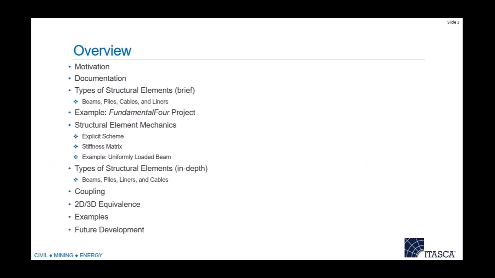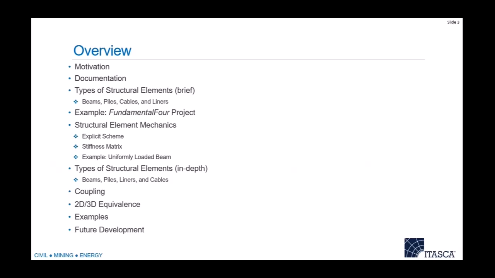Then we'll talk a little bit about the mechanics, keeping that at a minimum, very general. A little bit about the finite element scheme and the stiffness matrices, and we'll go into an example about a uniformly loaded beam, which has an analytical solution that we can compare to.